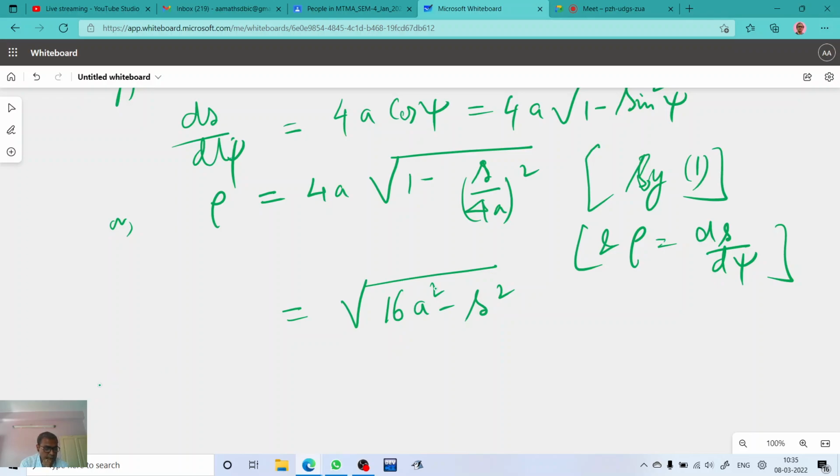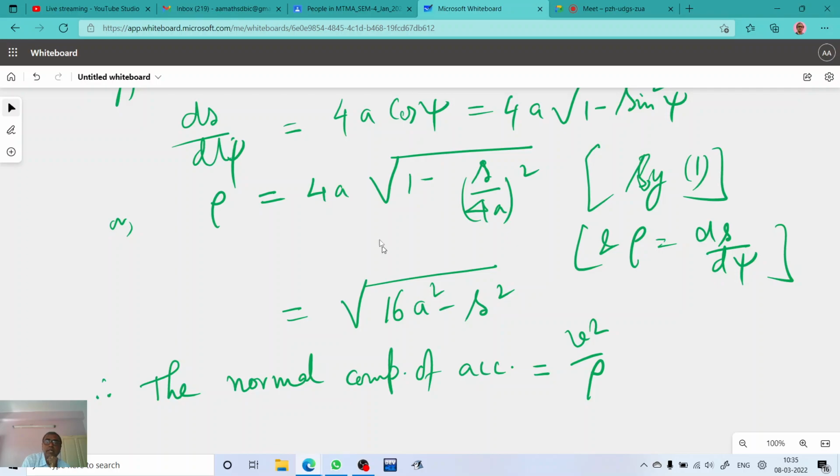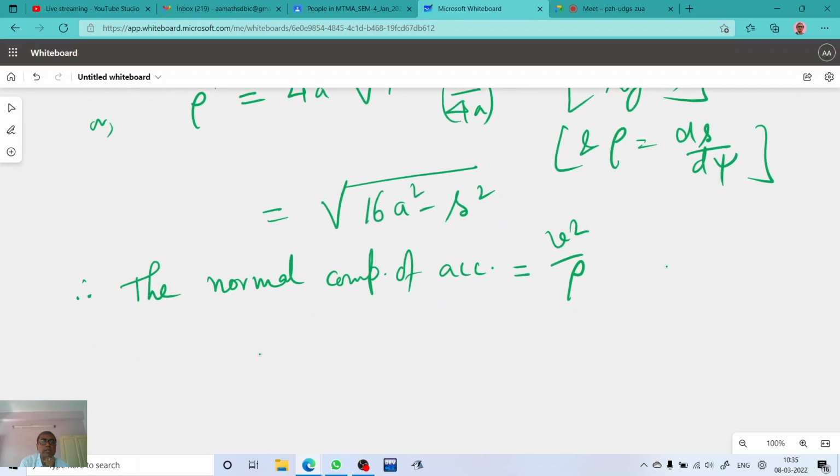Therefore the normal component of acceleration equals v square by rho, where rho is root over 16a square minus s square.